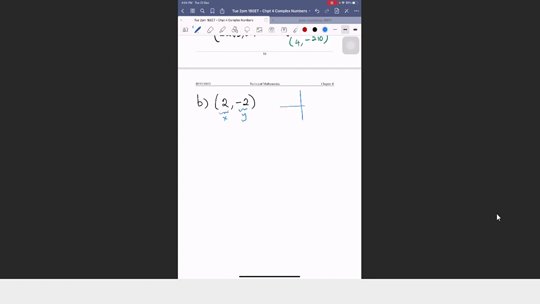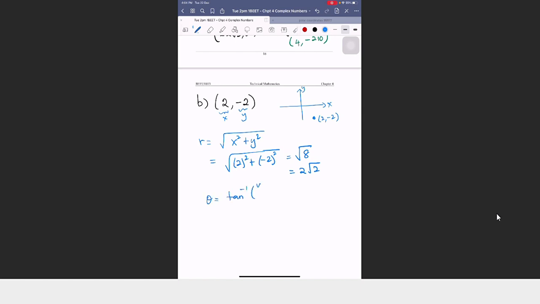If we try to plot it, the point is somewhere here, 2 minus 2, so it's in quadrant 4. Okay, so R is straightforward. This is square root of 8, or you can also write it in terms of 2 square root of 2.